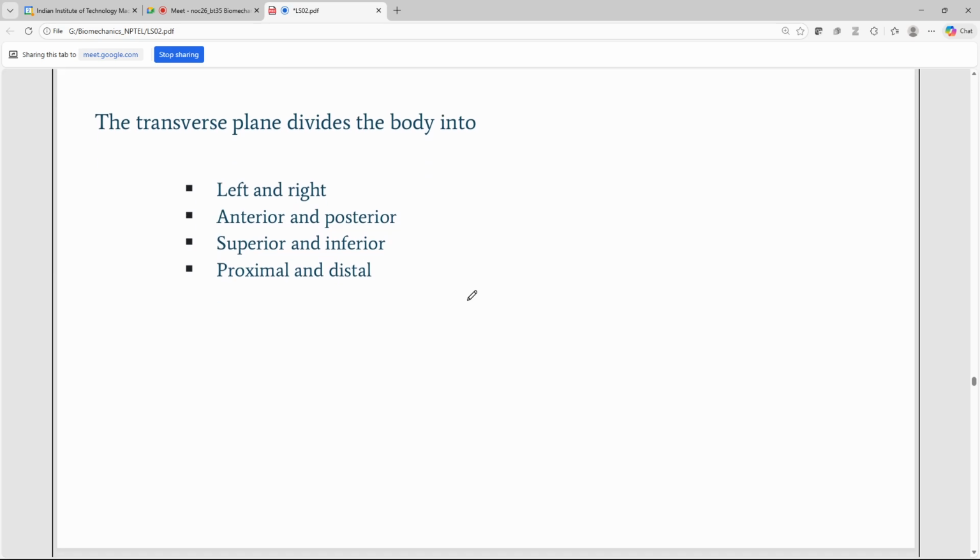Next question. The transverse plane divides the body into left and right, anterior and posterior, superior and inferior, or proximal and distal? So try to recollect what the transverse plane is and how it will split the body.